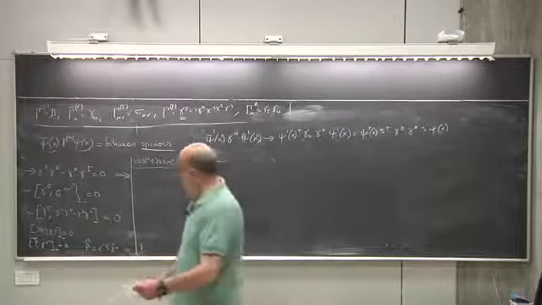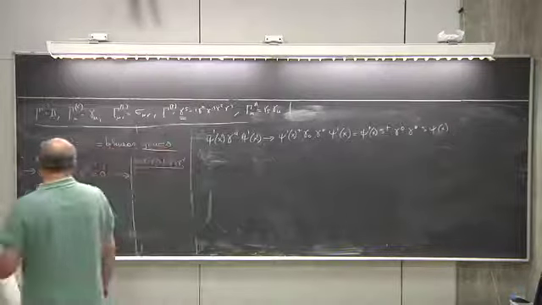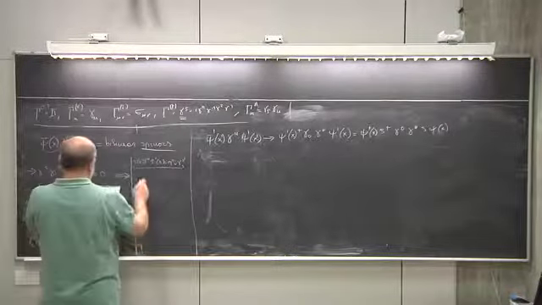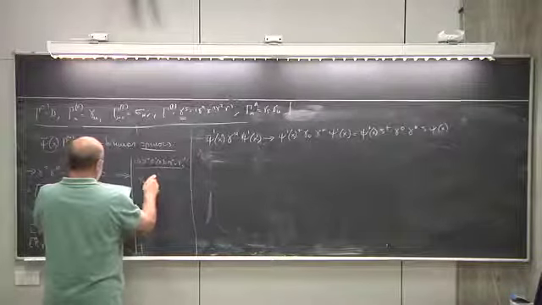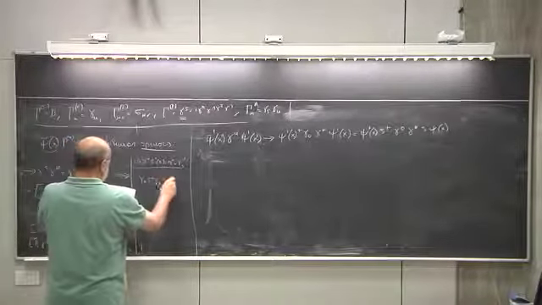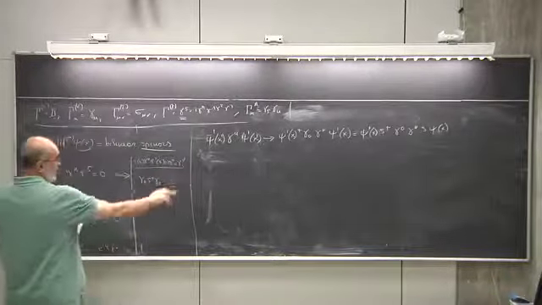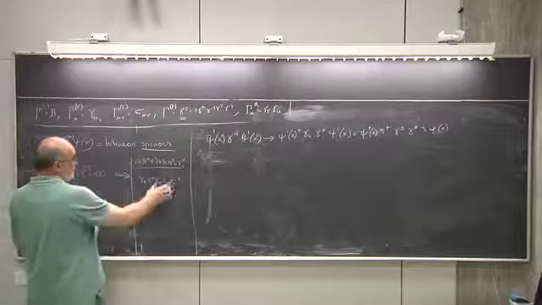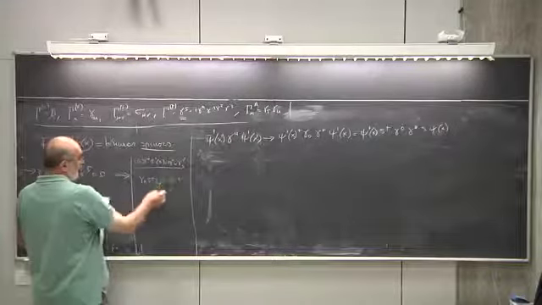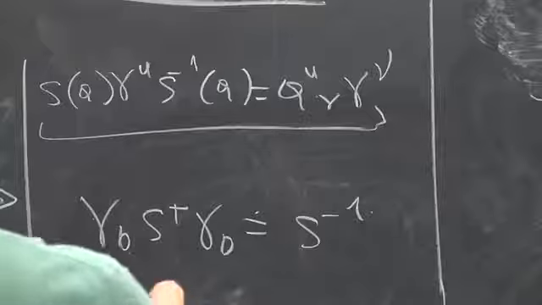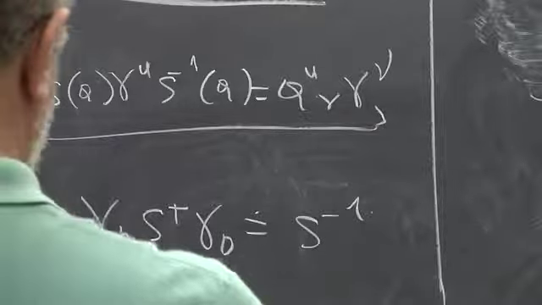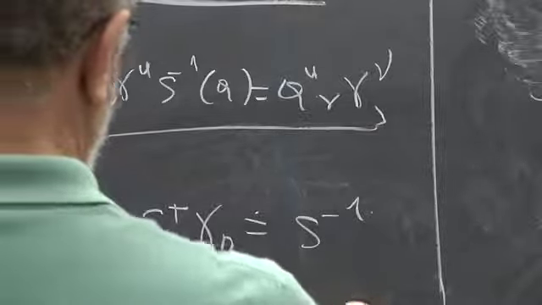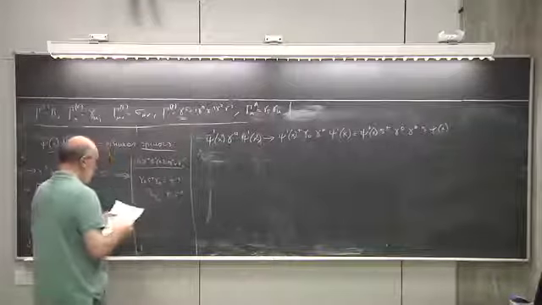And we also have the other relation, that is gamma 0 S dagger gamma 0 equals S to the minus 1. That is the one that we used before. In a different form, we brought the gamma 0 on the other side. That means this is S dagger gamma 0 equals gamma 0 S to the minus 1.